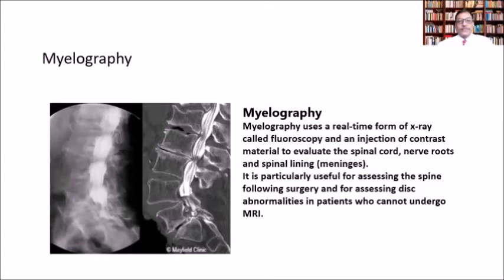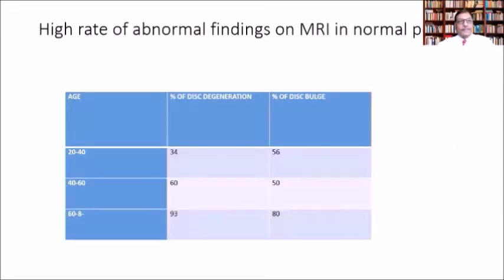Sometimes myelography is needed, especially in those patients who have metal implants. One indication is for the pacemaker patient as well. So this is how we see the abnormal findings in the normal population. The incidence of disc degeneration and disc bulge is so high.